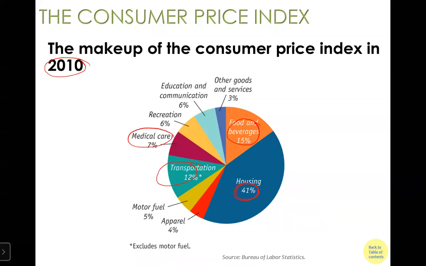You can imagine in 2020, transportation may decrease because most of the time we stay at home, while medical care may increase. So the consumption bundle needs to change from time to time to reflect changes in consumer patterns, so that we have a more precise measure of the price level.